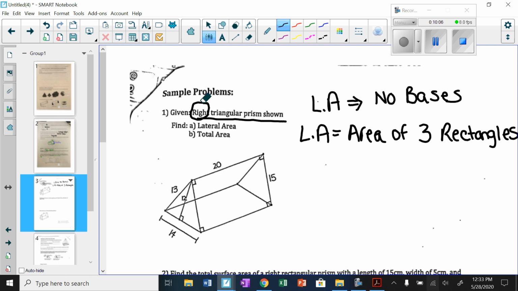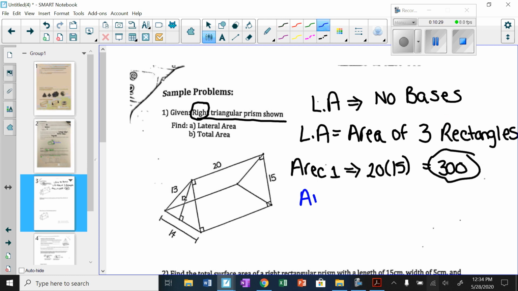So where do we want to start? Let's start with this front rectangle. Call it rectangle 1. The area of a rectangle is base times height. So we are 20 by 15. We multiply 20 times 15, and we get 300.